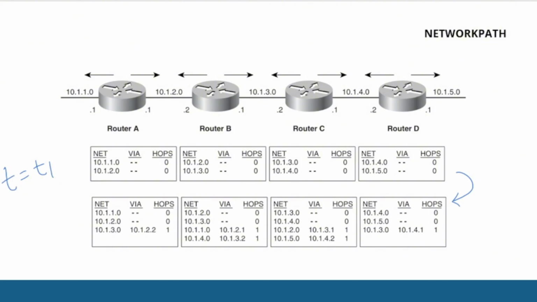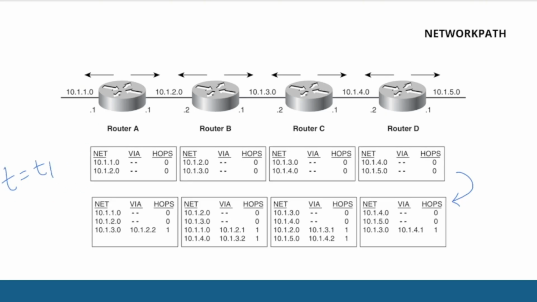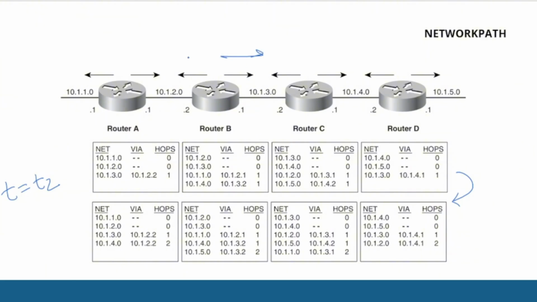Now at time t equals 2, another update cycle happens. Router B sends its latest table. A again increments the hop count by 1 and compares. Every time a cycle starts, the router sends an update to its adjacent routers by sharing its routing table, not just directly connected routes, but the whole routing table as updated in the last update timer.